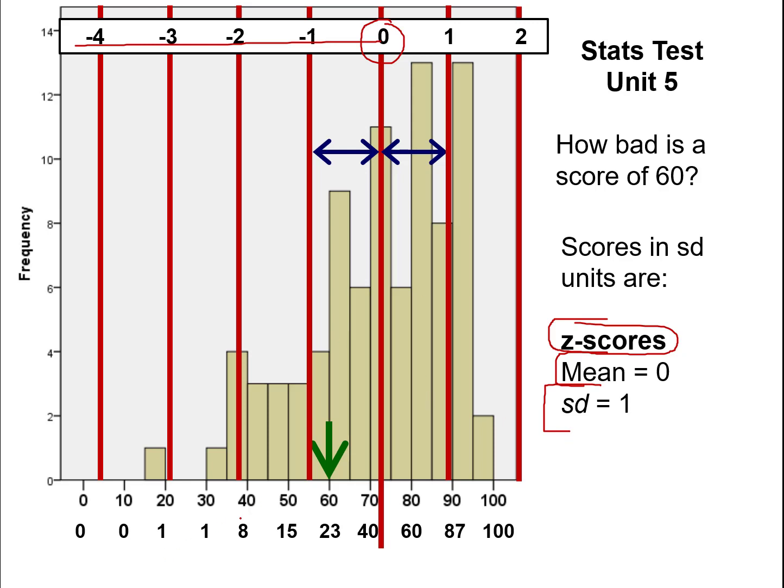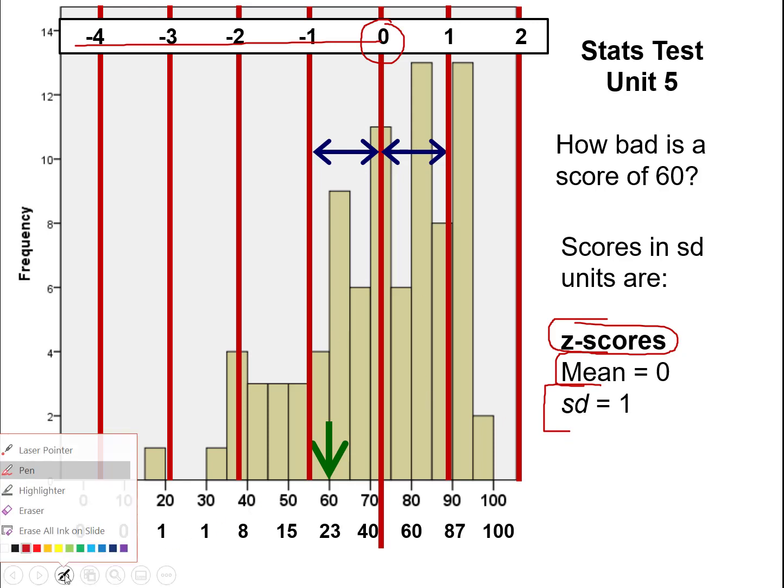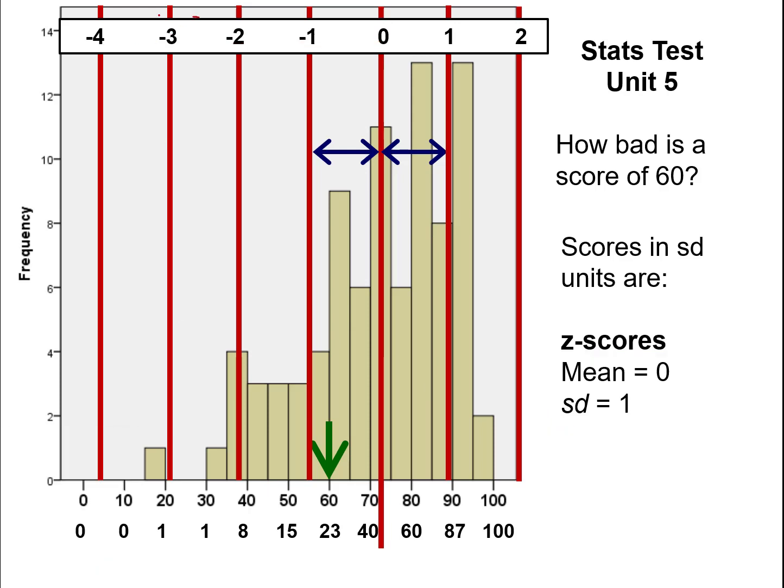Because note, that's what's happened here. In this top row of numbers, note I set the mean, right? I just said whatever the mean is, I'm going to call that 0. So I created a scale by definition that will have a mean of 0. And because I marked off the scale in standard deviation units, because I used the standard deviation as my unit for the scale, that means that 1 unit will be equal to 1 standard deviation, which means this new z-score scale will always have a standard deviation of 1.